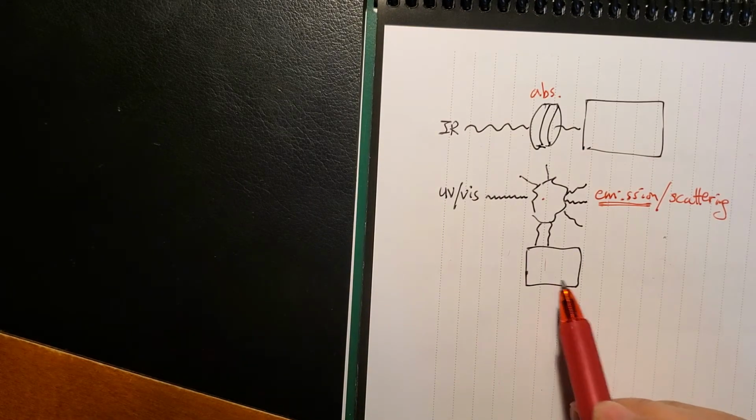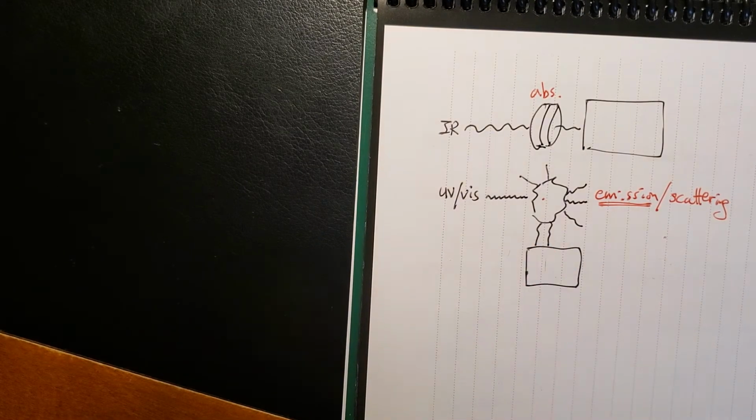So we detect what light is coming out. That must be including some different wavelengths.